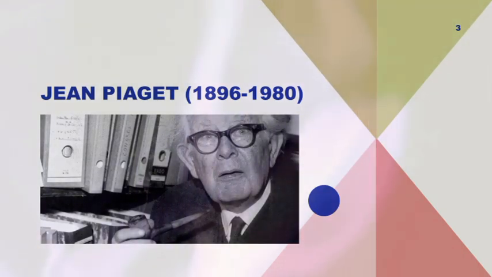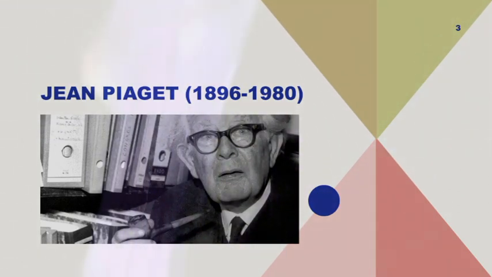And one of Piaget's most influential contributions was his theory of cognitive development, which outlined the 4 stages of intellectual growth. We start off with what we call the sensorimotor stage, from birth through to 2 years old, the preoperational stage from 2 through to 7, the concrete operational stage from 7 through to 11, and the formal operational stage from 11 years and beyond.